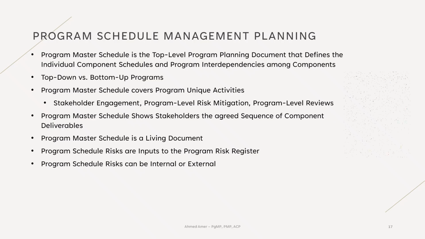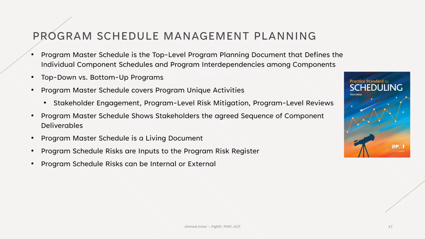These principles can be found in the practice standard for scheduling. Maintaining a logic-based program network diagram and monitoring the critical path for component outputs with interdependencies are essential to managing the program master schedule. This supports benefits realization by focusing on the deliverables that lie along the critical path.